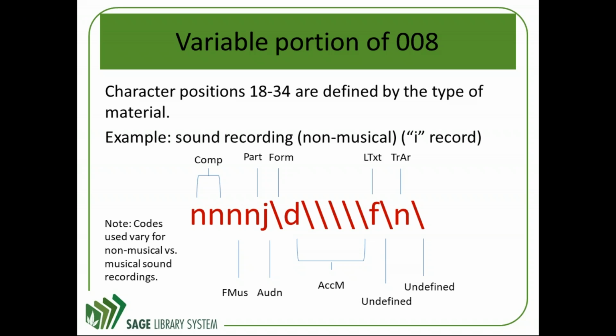What we would tend to see for a standard audio book, in that first position 24 for accompanying matter, instead of a D, is probably just another backslash, meaning there was no accompanying matter with the audio book. But in this case, because we've got the read-along and we have both the book as text and the CD with the sound recording, we've included a D here to make reference to the text that's in the book portion of the item.